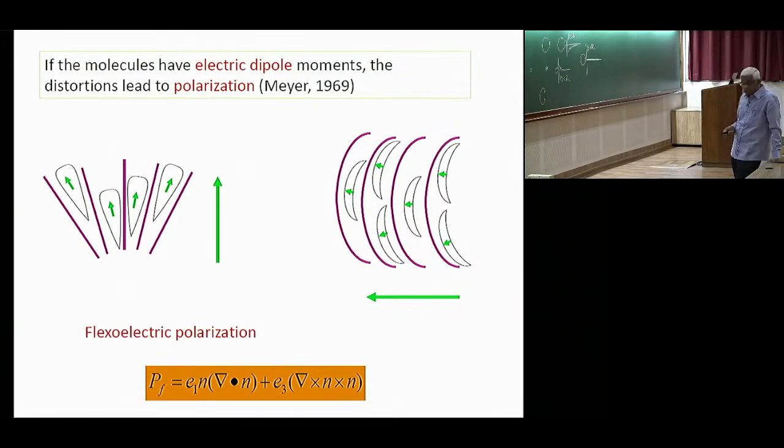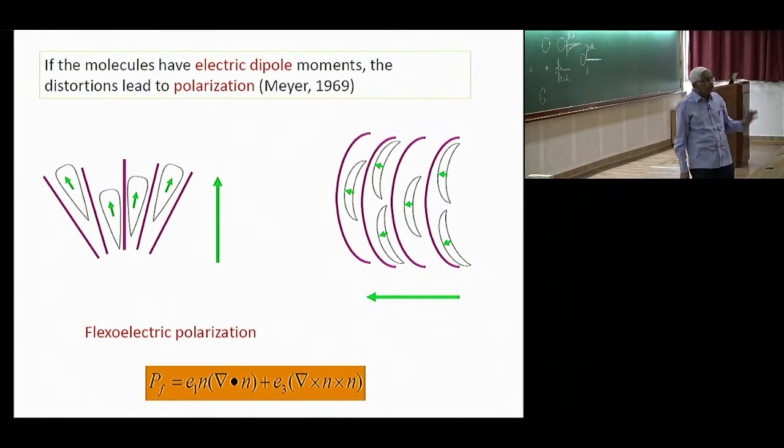He said, supposing I now have electric dipoles oriented like so, then this will lead to a polarization. He called it piezoelectric polarization, but it's better called flexoelectric polarization. Similarly here. So though n is apolar, once you have either splay or bend distortions, that leads to polarization.